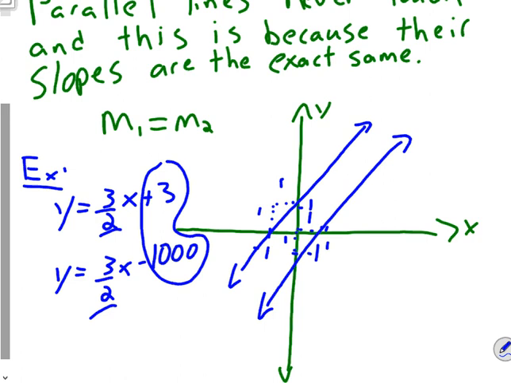So this one just has the line running through 3. This one just runs down at -1,000. But the slopes are the exact same. They're going to look completely different. Exact same, though, parallel. You just look at the number in front of x, and that tells you what's going on.